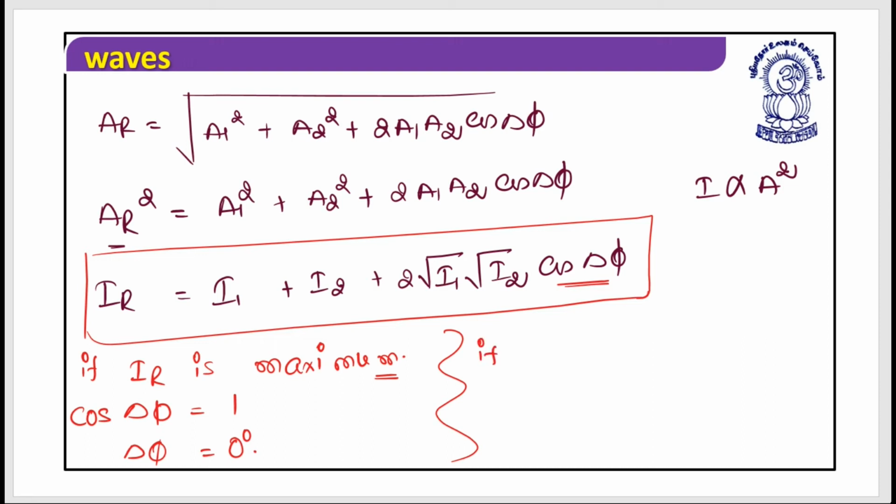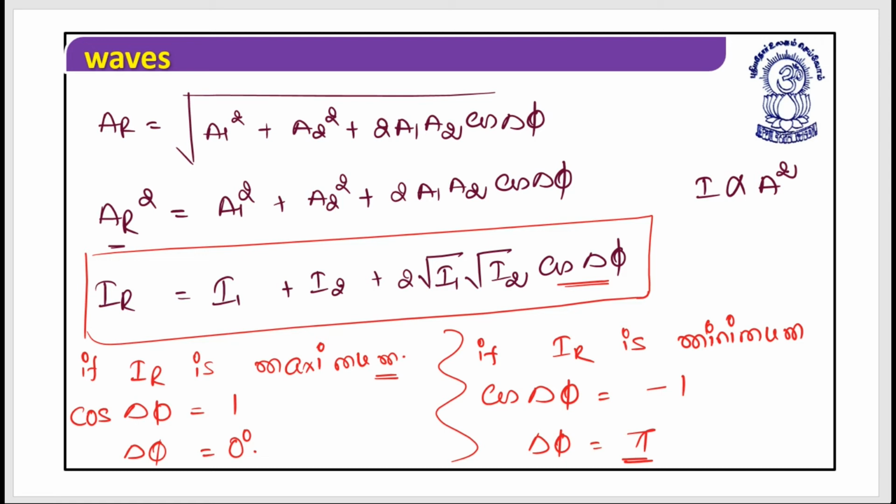And if I want IR to be minimum, then cos of delta phi should equal minus 1, which means delta phi should be 180 degrees, which is pi. I hope this is clear.